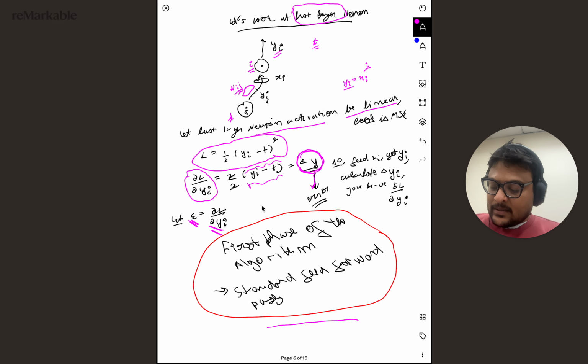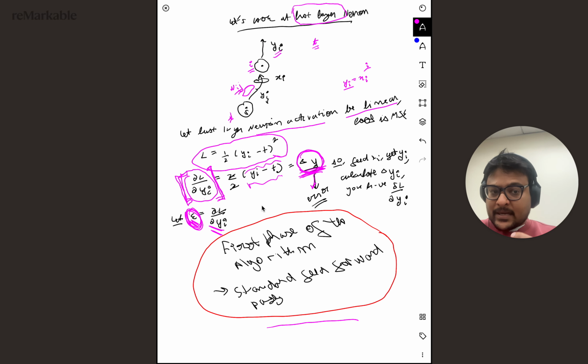You can see here that when you take the derivative of loss with respect to yi, it comes out to be delta y, the difference in the activity, and we call this term del L by del yi epsilon. And the reason that this is a difference in the activity is because the neuron is linear, and you are using a standard MSE loss, and this assumption only holds in that particular case.